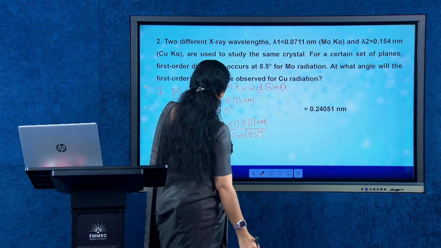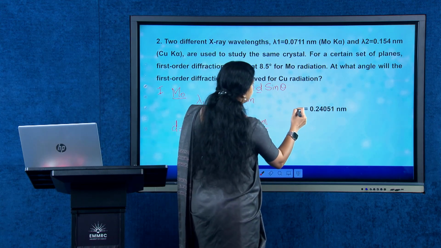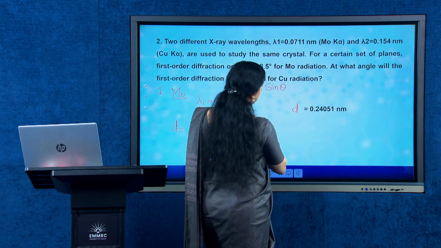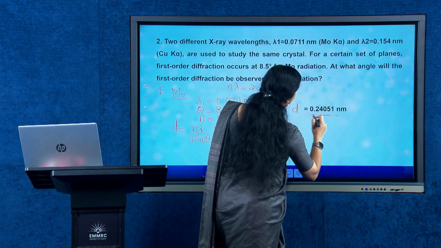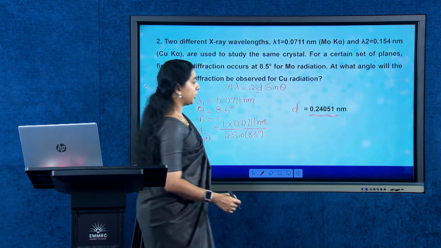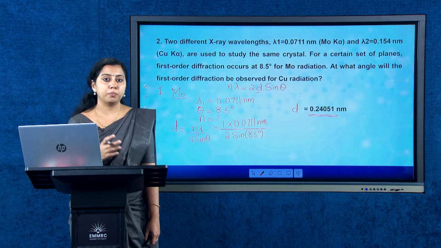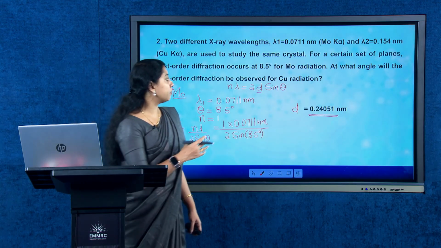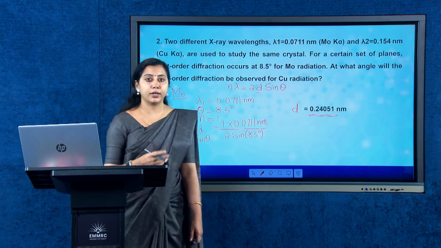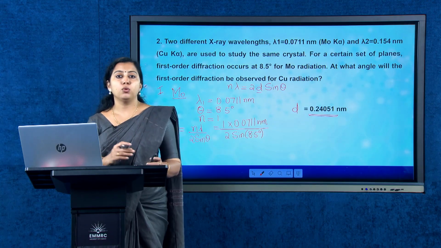When we substitute this, we will get the value for d as 0.24051 nanometers. So, we have calculated the spacing between the planes, and the value of d is 0.24051 nanometers. Now, what we have to find out?